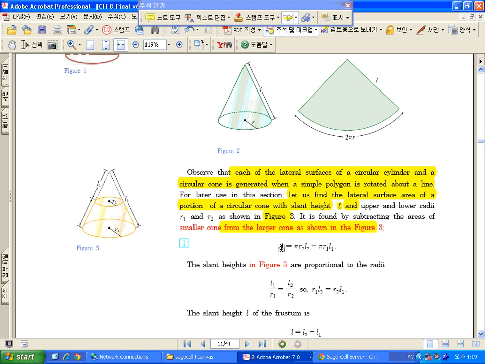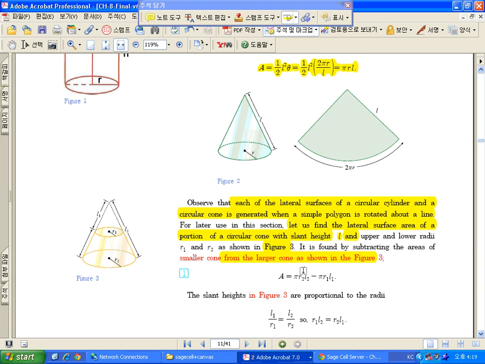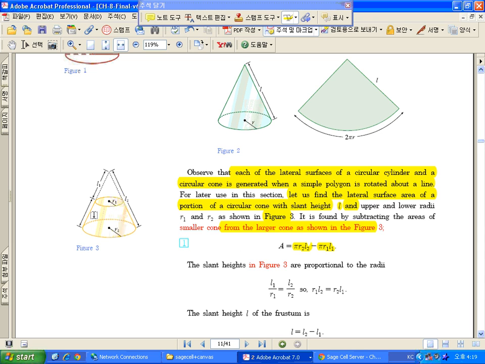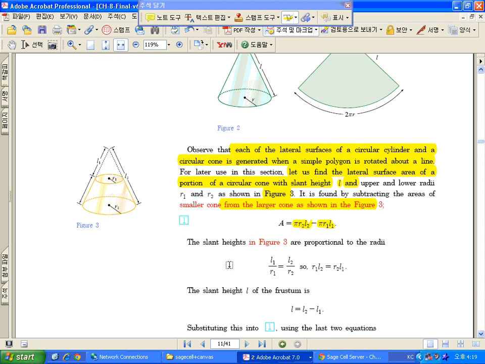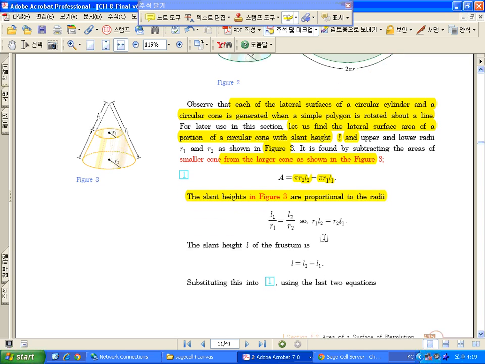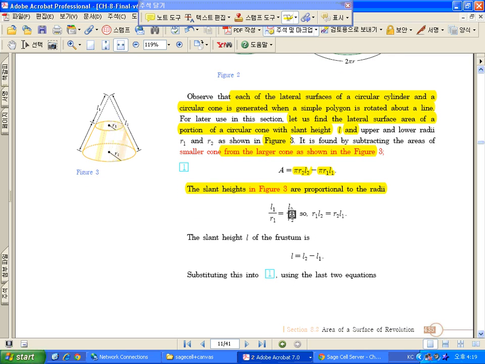the surface area of this can be found with this. So all we have to do is find the bigger one and subtract the smaller surface to get the surface area of this object. Then in figure 3, the slant heights are proportional to the radii, so we have the relationship like this: R1 L2 is the same as R2 L1.